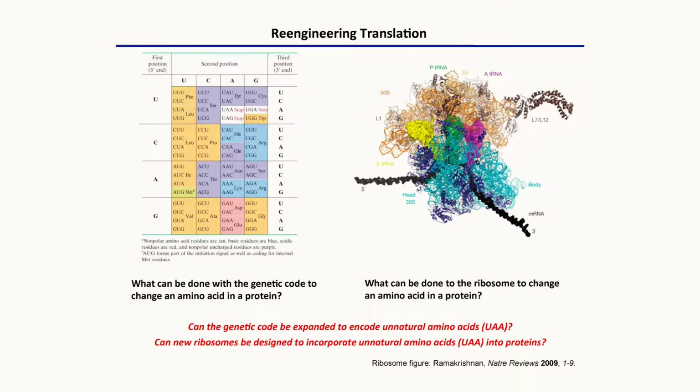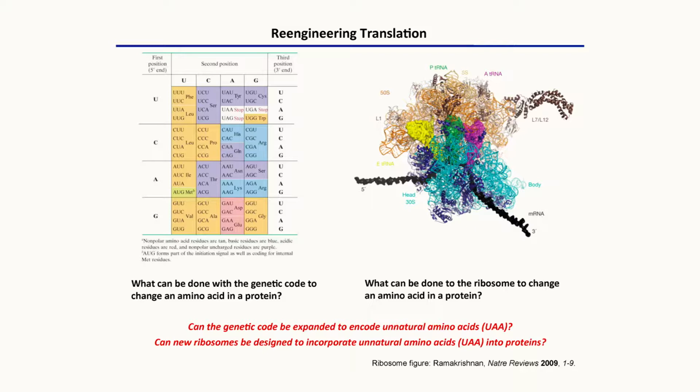Effectively, can we expand the genetic code to encode something other than what it's supposed to encode? So can this code allow us to encode an unnatural amino acid? And from the standpoint of the ribosome, is it possible to design new ribosomes? Can we make a new ribosome that can incorporate unnatural amino acids into proteins? So these are separate but related.